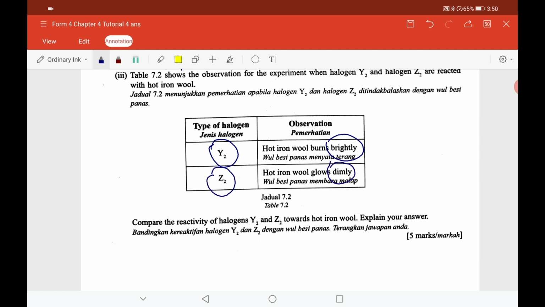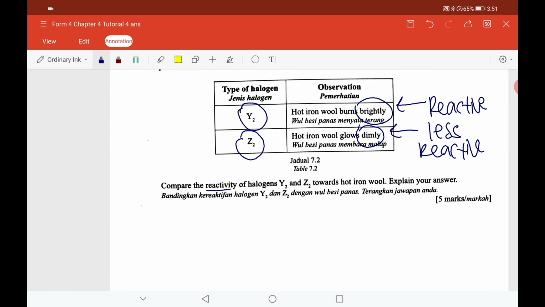So from here you know already, burning brightly is reactive, and glowing dimly is less reactive. The question asks you to compare the reactivity, so who is more reactive? And they ask you to explain your answer, and the total mark allocated is 5 marks.